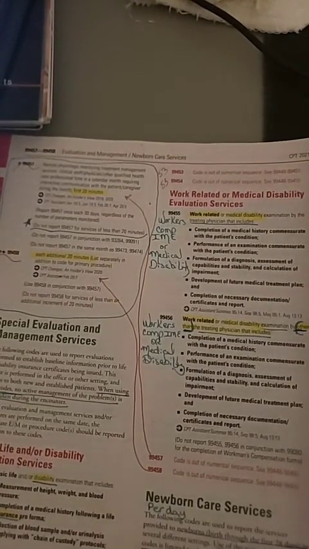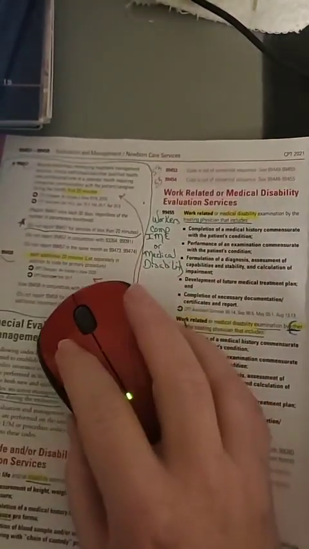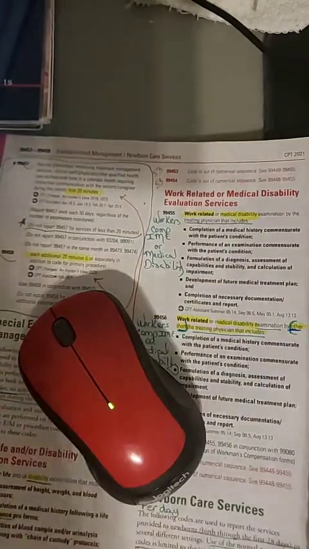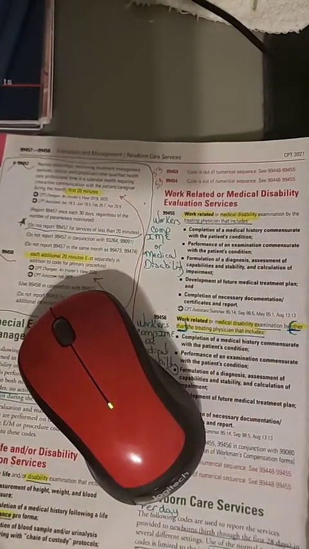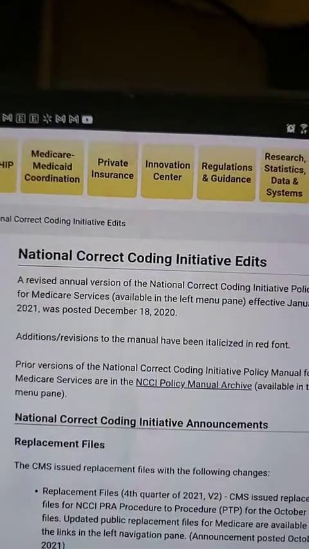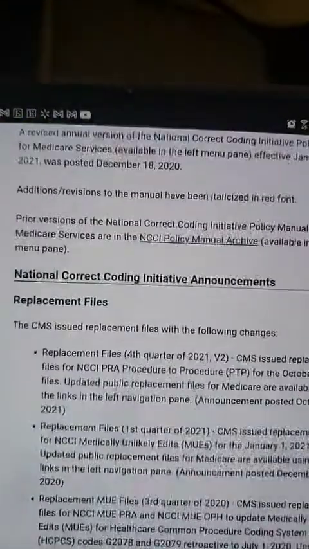It was also listed on the coding test question A. I'll put that information down. So I guess if CPC was talking about anything, it would have to be about the National Correct Coding Initiative. So, I mean, they probably care about the workman's comp situation.